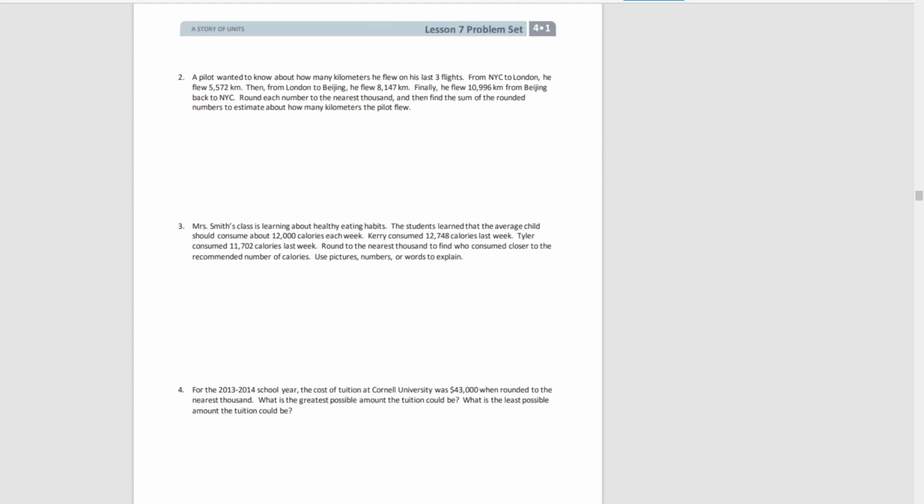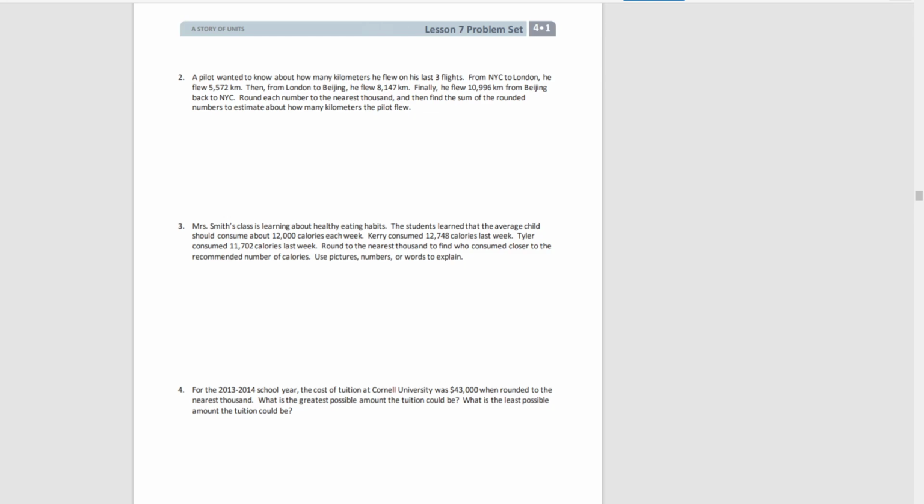Okay, for number 2, it says a pilot wanted to know about how many kilometers he flew in his last 3 flights. From New York City to London, he flew 5,572 kilometers. Then from London to Beijing, he flew 8,147 kilometers.